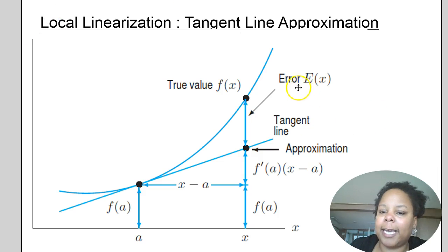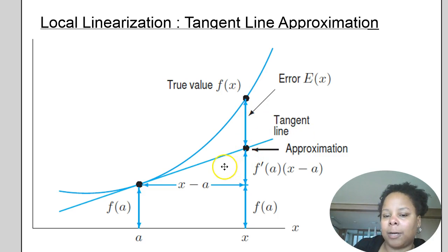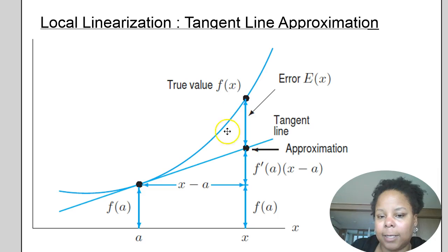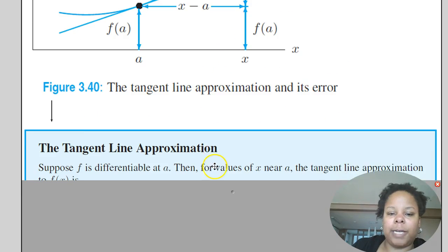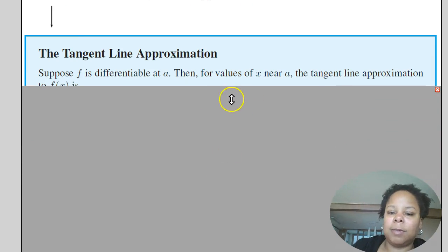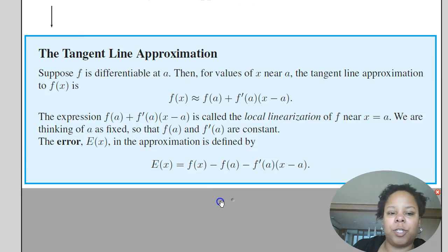The error in this case is basically defined as the difference between the function value at a point x and the tangent line approximation at that point x. So that's the difference. And we can represent any point on the tangent line approximation using the derivative of the function at the point, in this case a, times the difference of x minus a. And so therefore now we have a quantifiable thing that we can use to express.